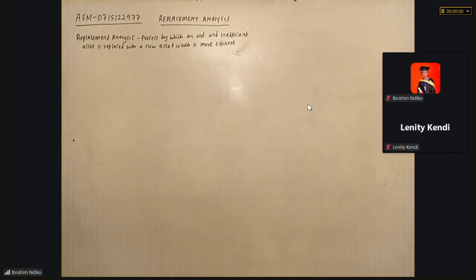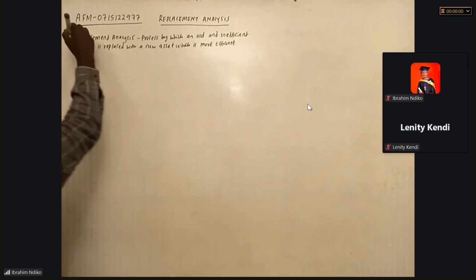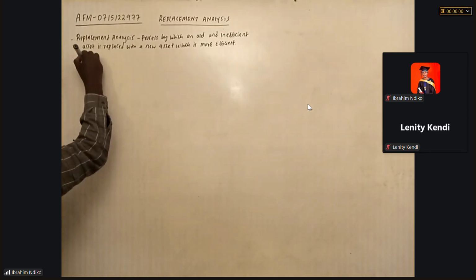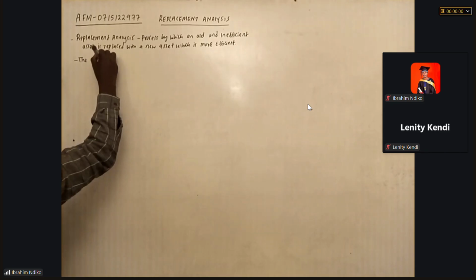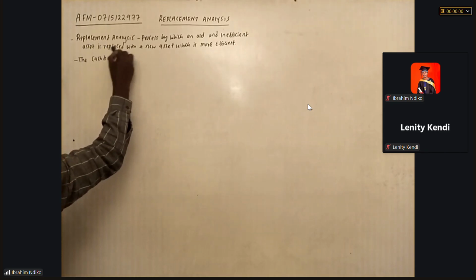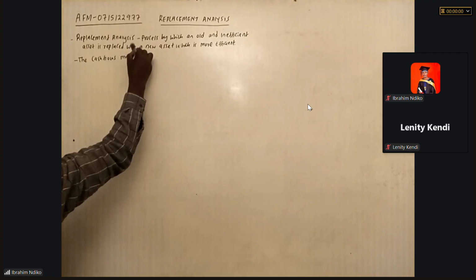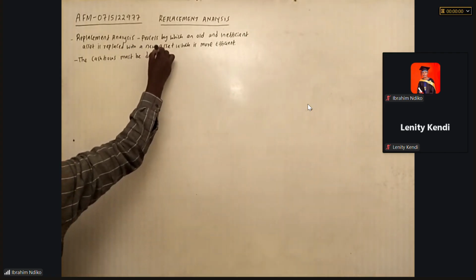So you replace an old machine which is less efficient with a new machine which is more efficient. Now, the following cash flows must be determined.